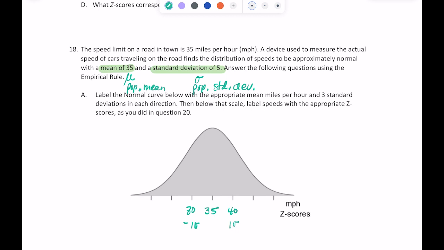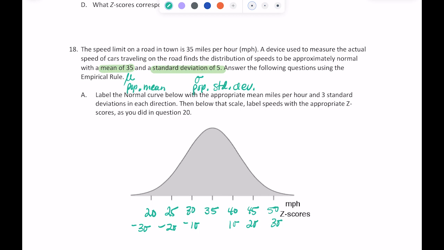Going back to the mean, 35 plus 5 gives us 40, 40 plus 5 is 45, 45 plus 5 is 50. So this is 2 standard deviations, 3 standard deviations. If I go backwards, I'm just going to subtract 5 each time. So this 25 miles per hour is 2 standard deviations below, and 20 miles per hour is 3 standard deviations below.